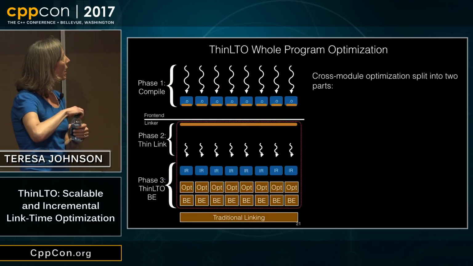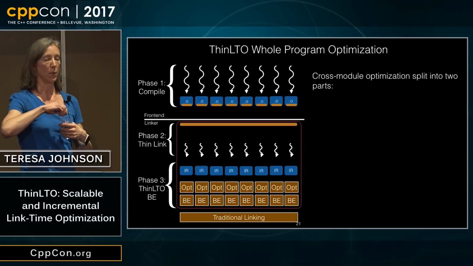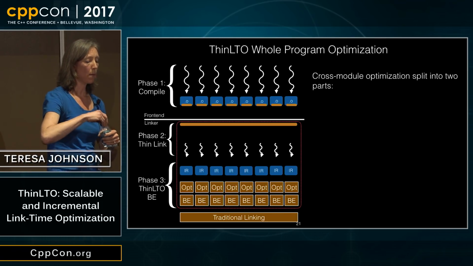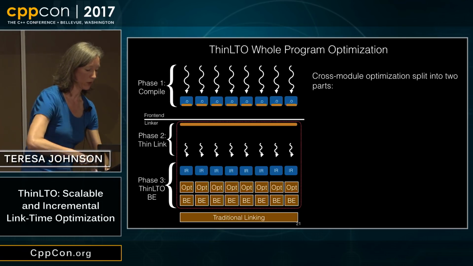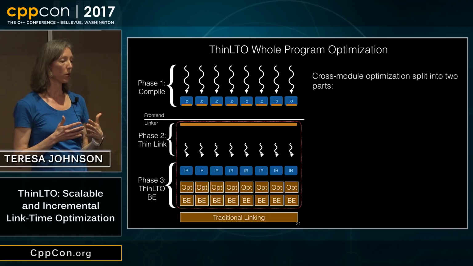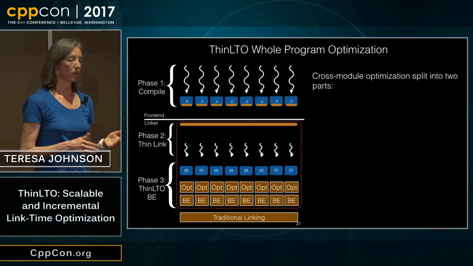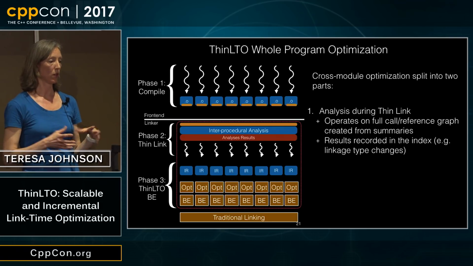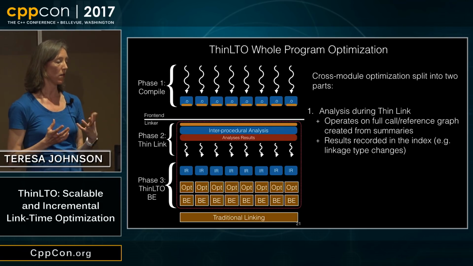Okay, so now talking about some different optimizations that we can do with ThinLTO. I mentioned this earlier, but just to formalize it, when you do a whole program optimization in ThinLTO mode, you divide it into two parts. The first part operates only on the summaries and on that combined index that we generate at the ThinLink.